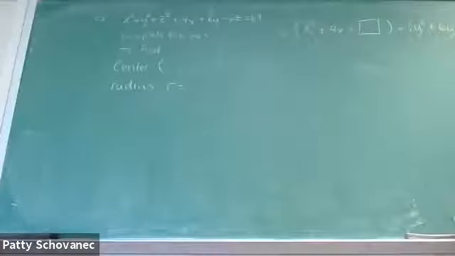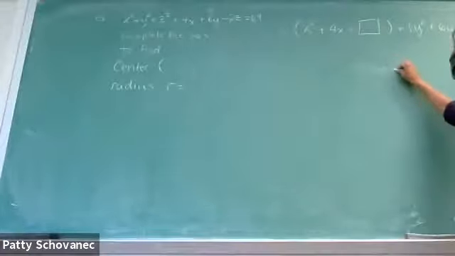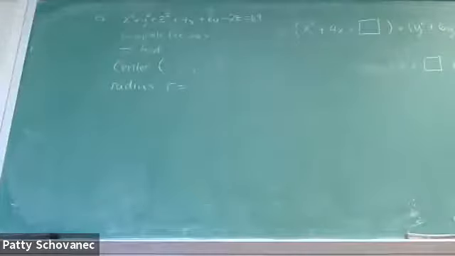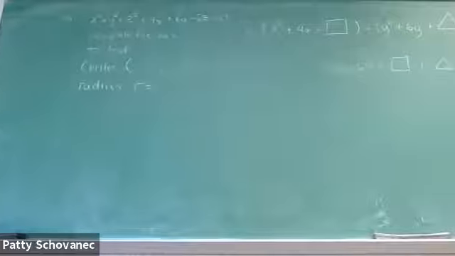And then I'll do it with my z's, adding a number there. And then I have to balance the equation, so whatever numbers I add there, I have to add here, here, and there. Add the same thing to both sides, right?